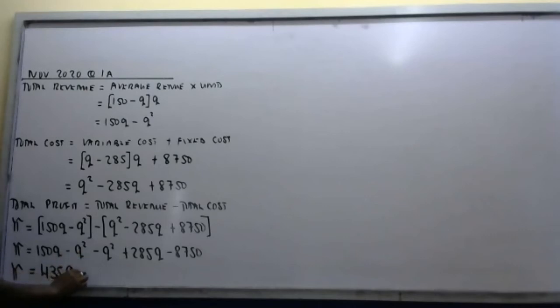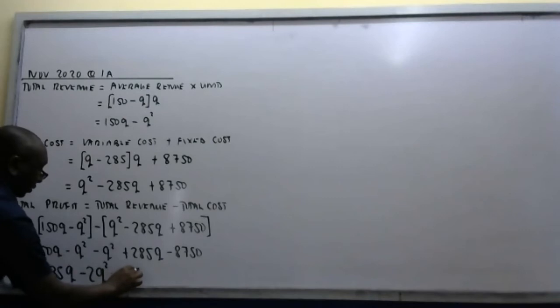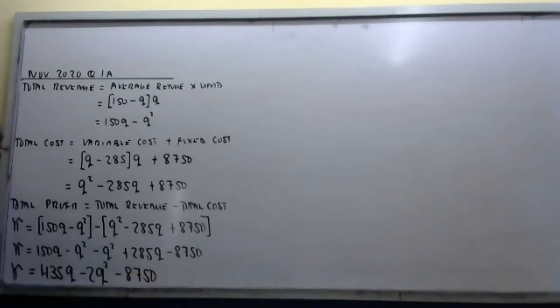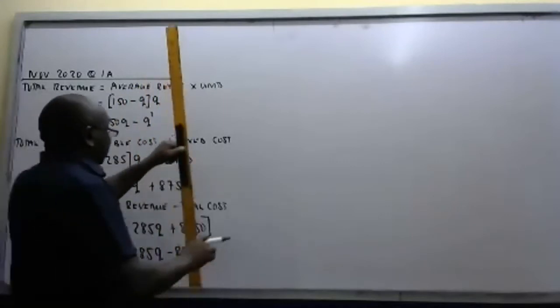This one becomes minus 2Q squared, minus 8750. So that is the profit function.